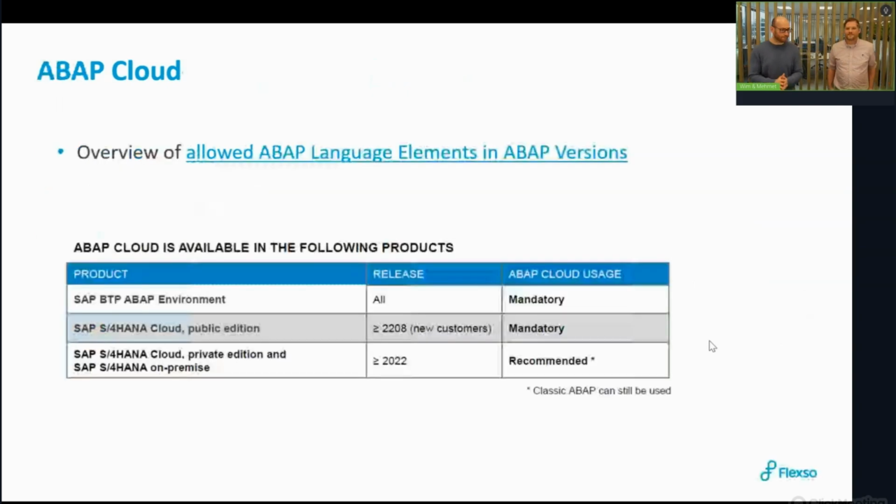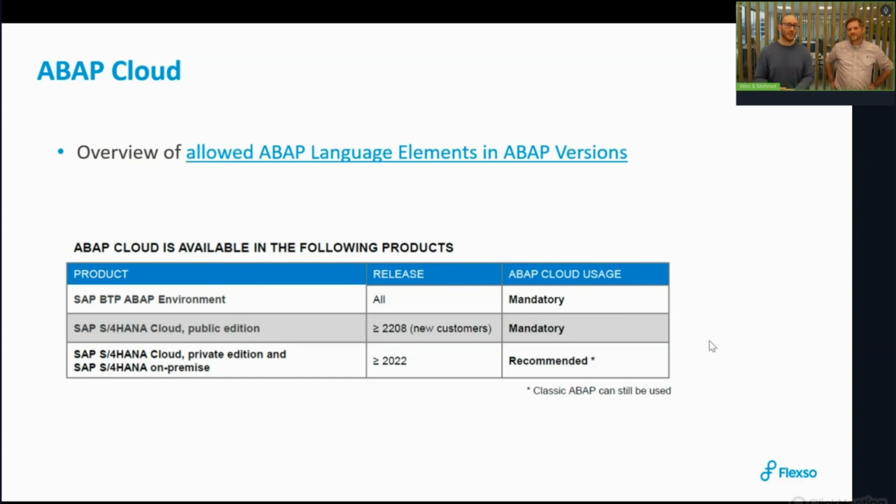One of the main drivers for us was why we should start looking into developing cloud ready. First of all, SAP has been mentioning it for a while now that they recommend using the cloud compliant code base in ABAP starting from S4HANA 2022, so 2022 or more recent, of course. Aside from that, we as developers are very interested in the newest innovations.